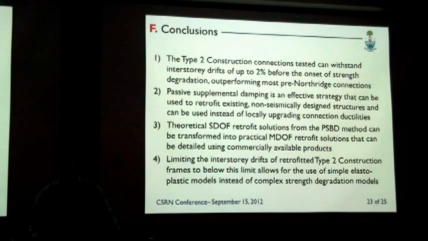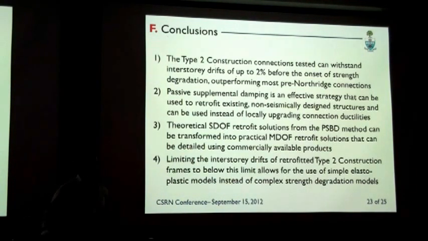So what we learned today was that type 2 construction connections, those that I tested, that is, so only 4 of them, limited sample size, I know, but anyway, they could actually deform to 2% interstory drift before the onset of strength degradation, and this outperformed most of the pre-Northridge, pre-qualified seismically designed connections.